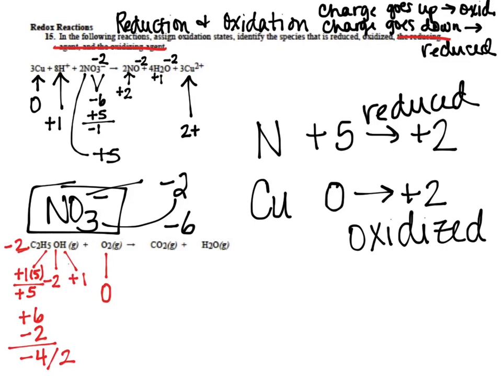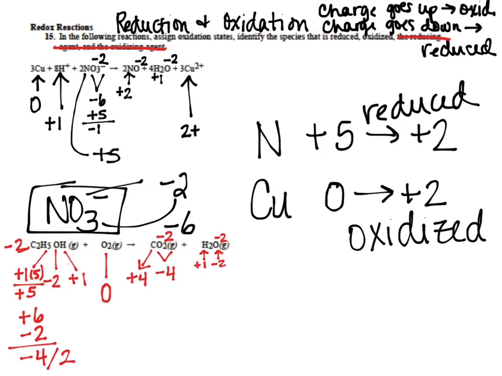Next, go to CO2. Oxygen's always a -2. There's 2 of them, so it's a -4. So this time carbon has to be a +4. Oxygen's always -2. Hydrogen's always a +1. And when you're doing them, make sure that they equal out to the charge they're supposed to be. Water doesn't have a charge, so when I look at these and multiply them, they should equal out to 0.